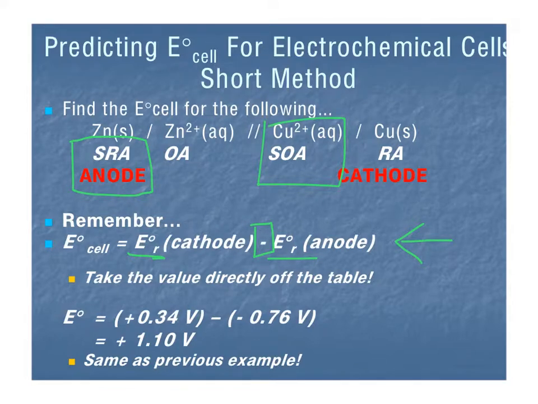Once we've determined that, we can take the values from our data table and simply take the cell potential of our cathode minus the cell potential of the anode. In this case, our net cell potential is positive 1.10 volts, which is the same as our previous slide.